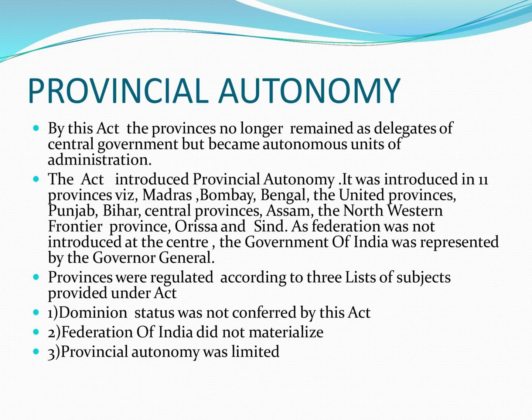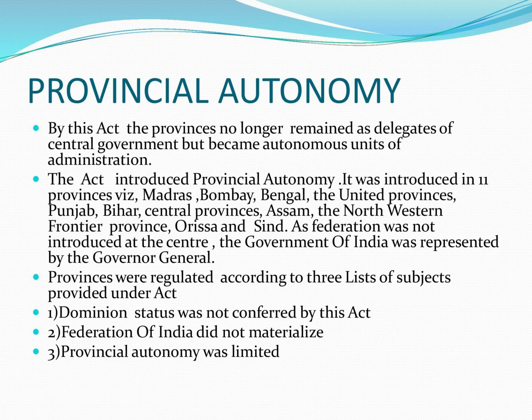The provinces were administered by the ministers. The difference between the reserved and the transferred subjects was dropped. All subjects were placed under the charge of ministers who were made responsible to and removable by the legislative assembly. Thus, the executive was responsible to the legislature.